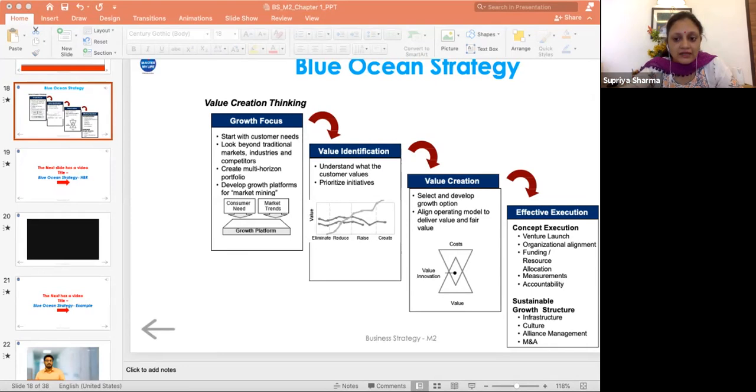So if you look at this diagram also, growth focus, value creation thinking. So it starts with customers' needs. Just take Uber's example and all this will get very clear to you.